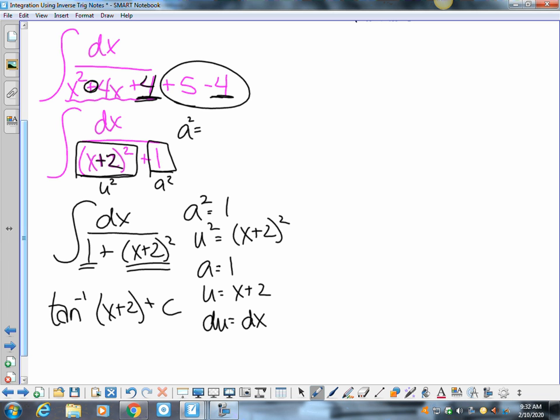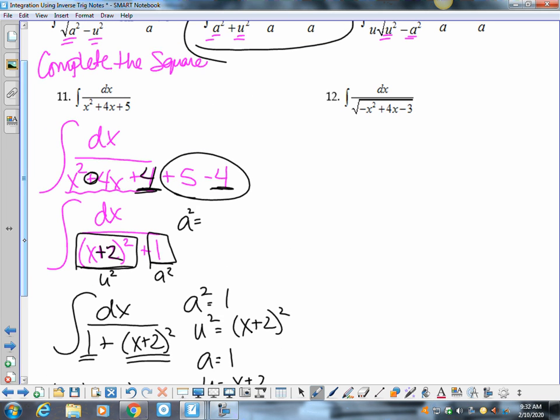Now, do you have to have that in parentheses? Yes, it's multi-termed. If you don't put it in parentheses, that's tangent inverse of x, pause, plus 2. Bless you, man.